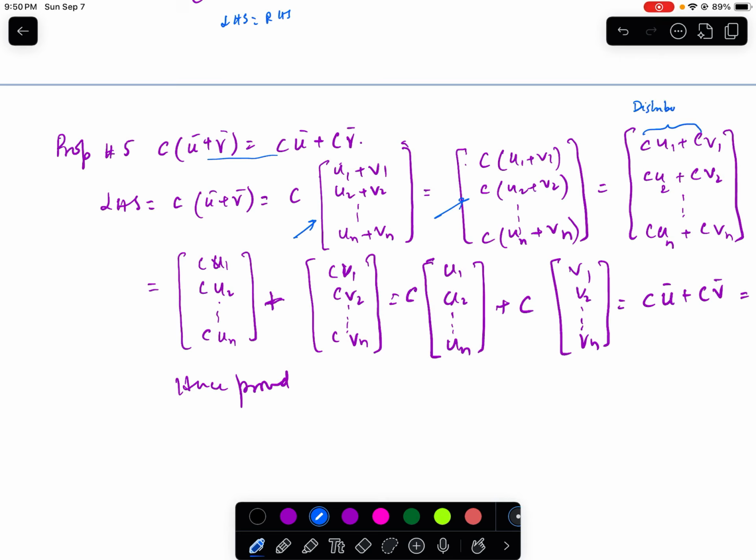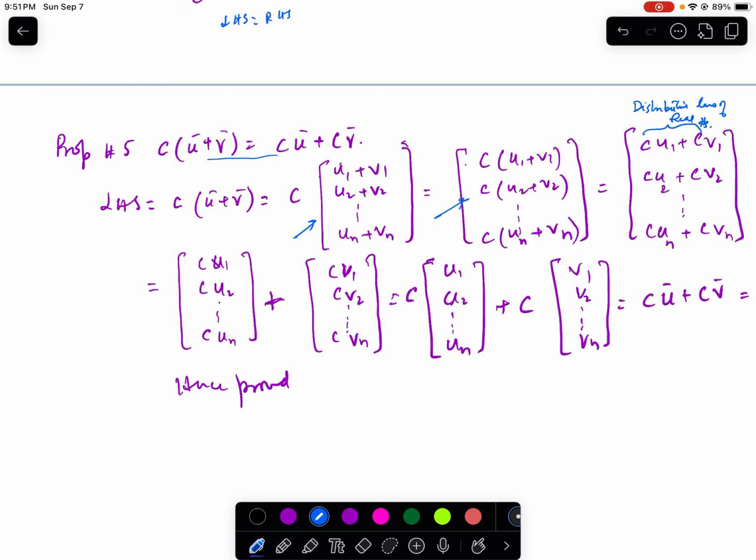So here we have used distributive law of real numbers.